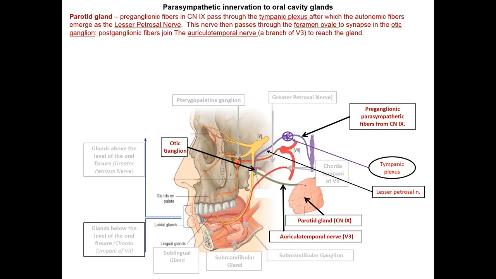After it passes through here, the autonomic fibers emerge as the lesser petrosal nerve. This nerve then passes through the foramen ovale to synapse in the otic ganglion. From this point, postganglionic fibers join the auriculotemporal nerve, which is a branch of the third division of the trigeminal nerve, to reach the parotid gland.